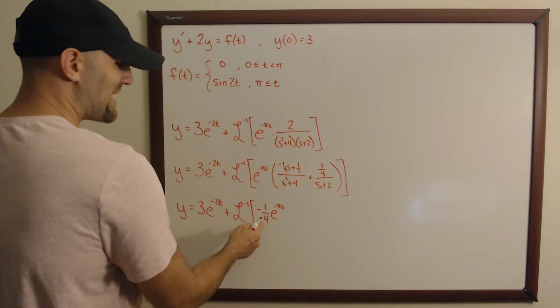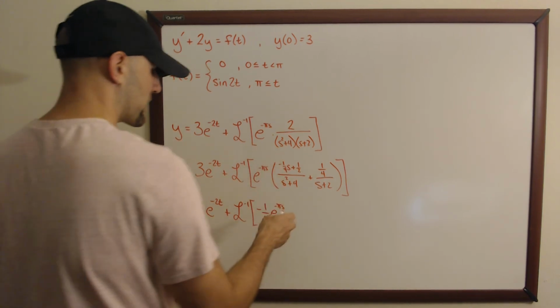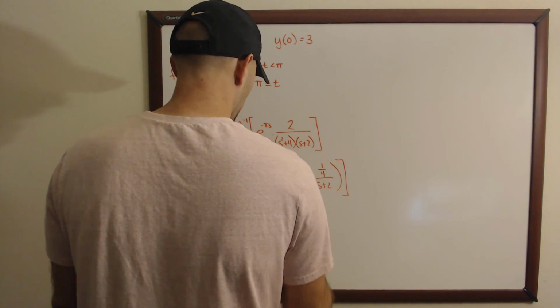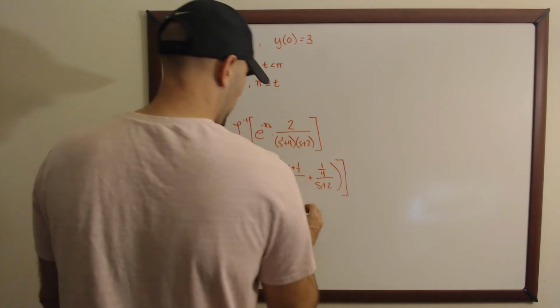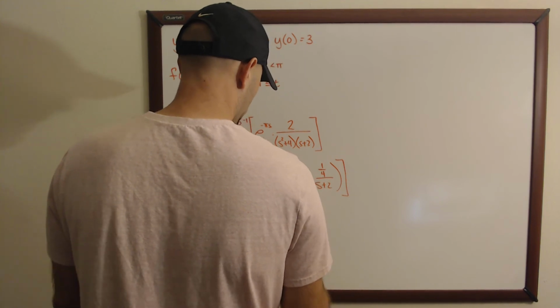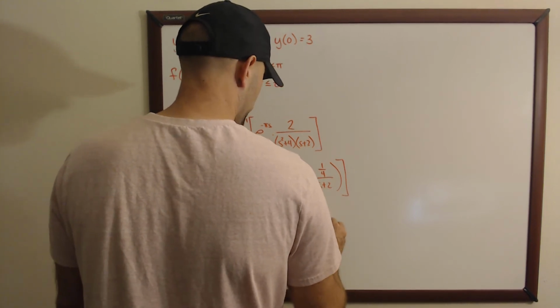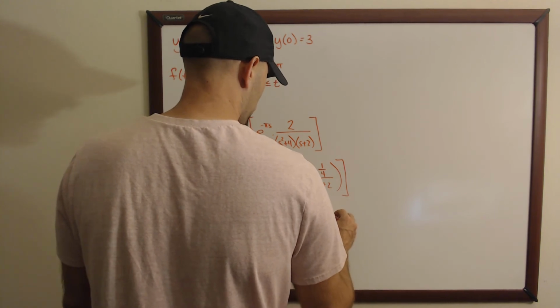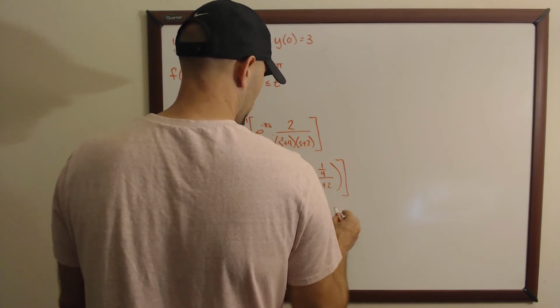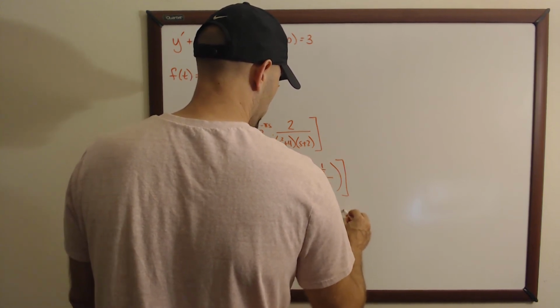Really I could take the -1/4 all the way out of this Laplace transform, considering it's a scalar, but that's fine. So I take out a -1/4. I'm left with s minus 2 over s squared plus 4. That's really nice. Plus -1 over s plus 2.